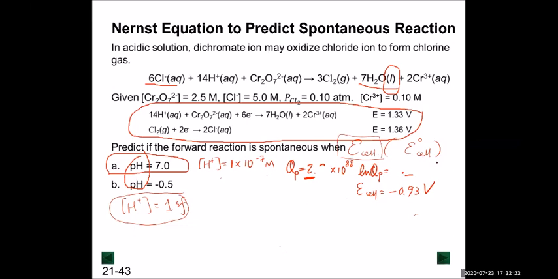So with the first neutral condition, when the pH is neutral, this reaction is even less favorable for the forward reaction. It's definitely not spontaneous for the forward reaction, or the equilibrium will not shift to the right. At the neutral condition, the actual potential is even more negative. It will favor more the reactant.